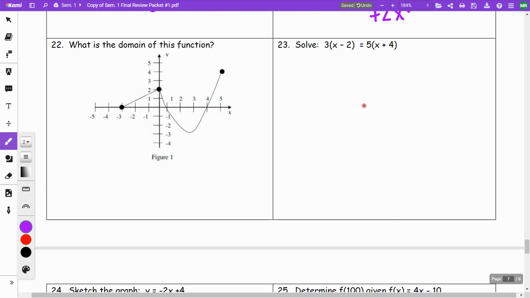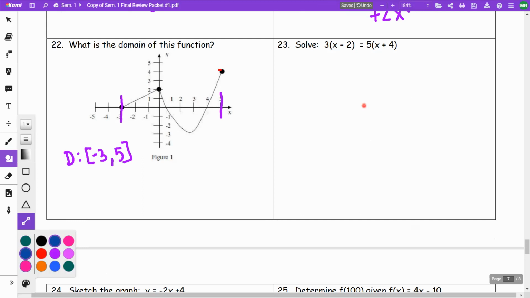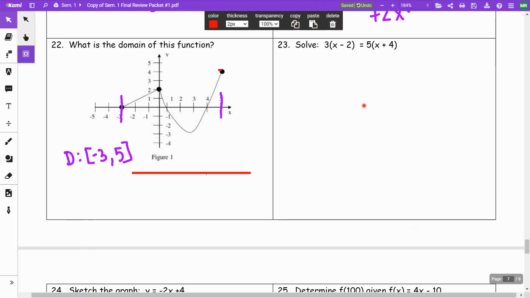On 22, my domain is from left to right. So my domain -3 square bracket to 5 square bracket. My range, the highest it goes and lowest it goes. So looking at this, okay, just going to draw.